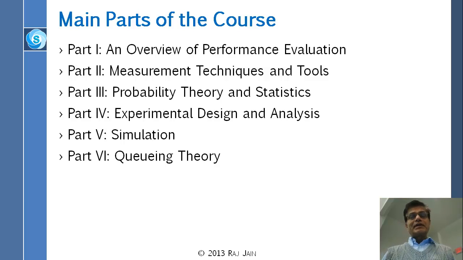The third part is probability theory and statistics, where we talk about lots of random numbers. The fourth part is experimental design and analysis, and there is actually a slide on each of these in the next few slides, so I'm not going to go through them now. I will go through them as we come to them. Fifth is simulation, and sixth is queuing theory.